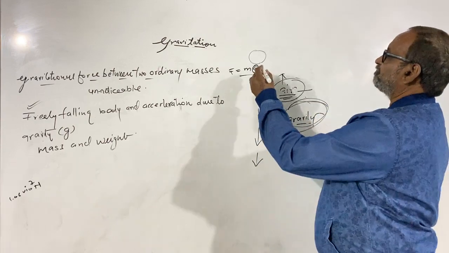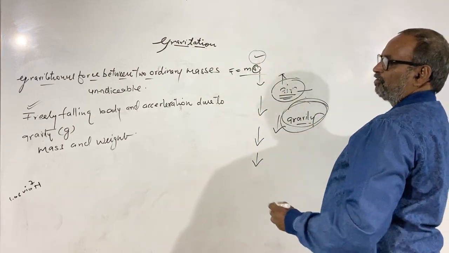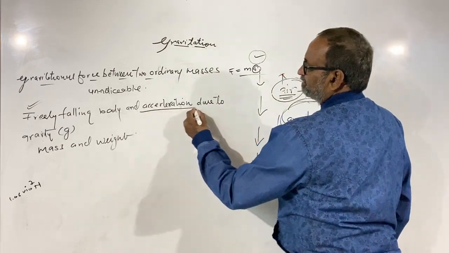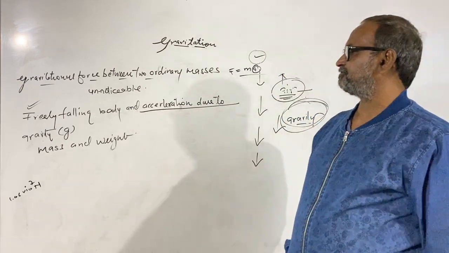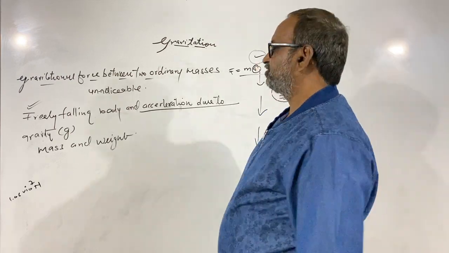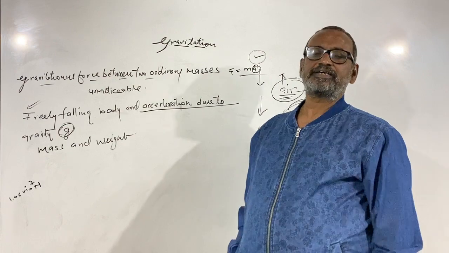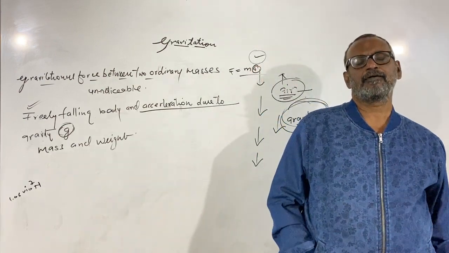So the acceleration produced in this body due to gravity is called acceleration due to gravity, and it is denoted by lowercase g. What is acceleration due to gravity?